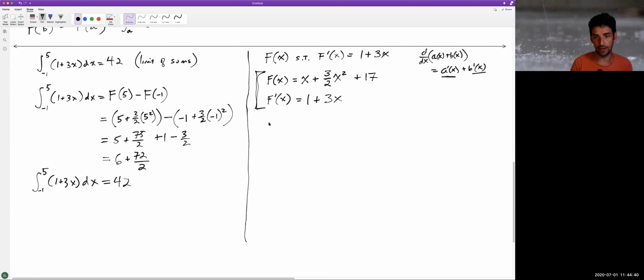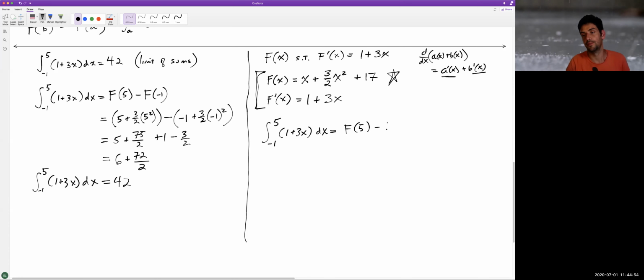Let's see what's going on. Let's compute the integral from -1 to 5 of 1 plus 3x dx, but using this different f that I've just come up with up here. Right? It's still going to be f of 5 minus f of -1.